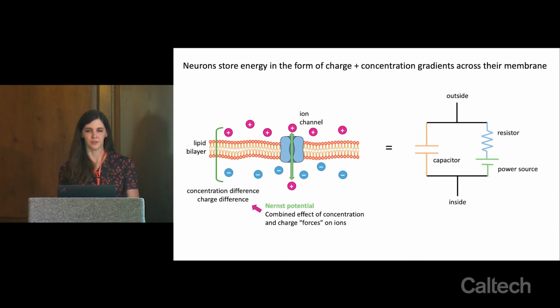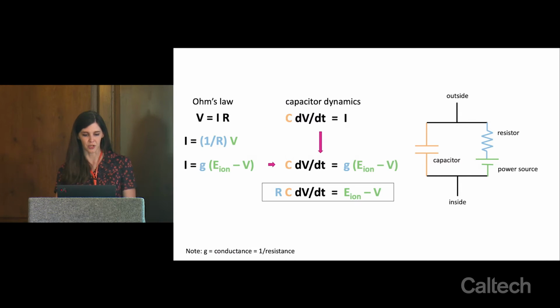You have the region outside the cell, the region inside the cell, and you have flow of charges through this circuit over the course of time. So this is a simplified diagram of what the membrane of a neuron is doing. We can now take this diagram and make it into a mathematical description of neurons by bringing in the two equations that we looked at earlier, Ohm's law and the capacitor dynamics equation.